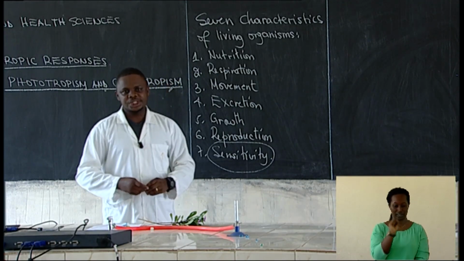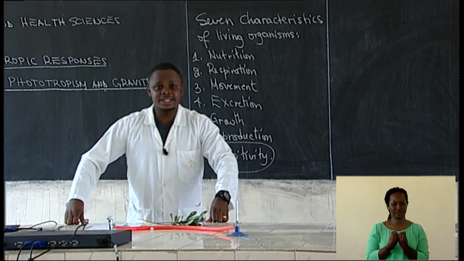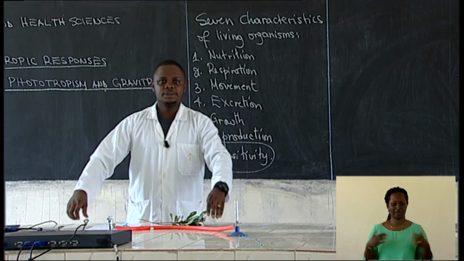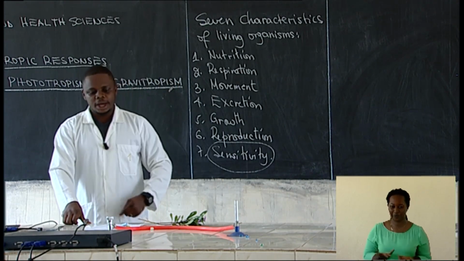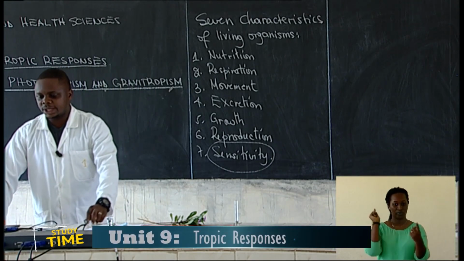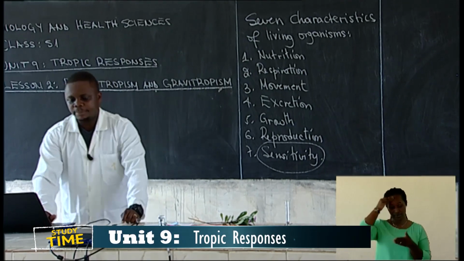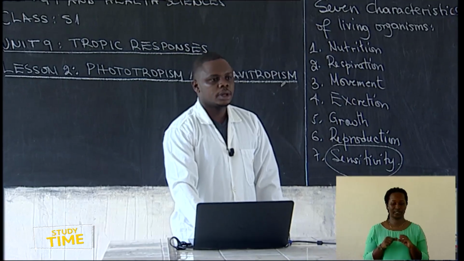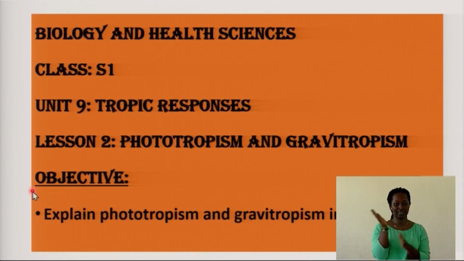Now, my question is, how do plants and animals respond to the stimulus? From there, we can go straight to our lesson today. Our lesson today is about plants and how they respond to the stimulus.